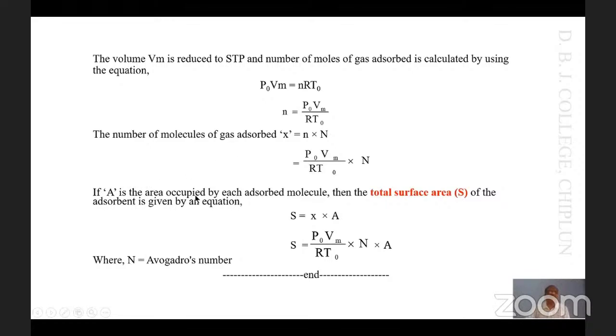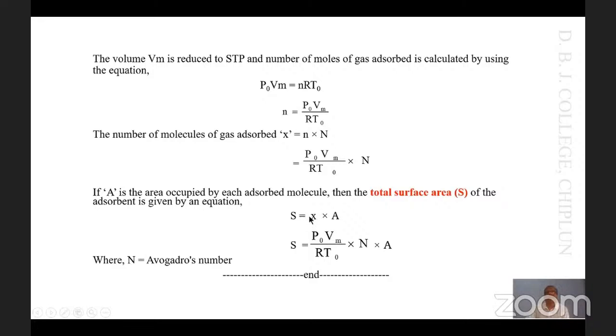If A is the area occupied by each adsorbed molecule, then the total surface area S of the adsorbent is given by the equation S is equal to X into A. A is the area occupied by each adsorbed molecule, and X is the number of molecules of gas adsorbed onto the surface of the adsorbent.